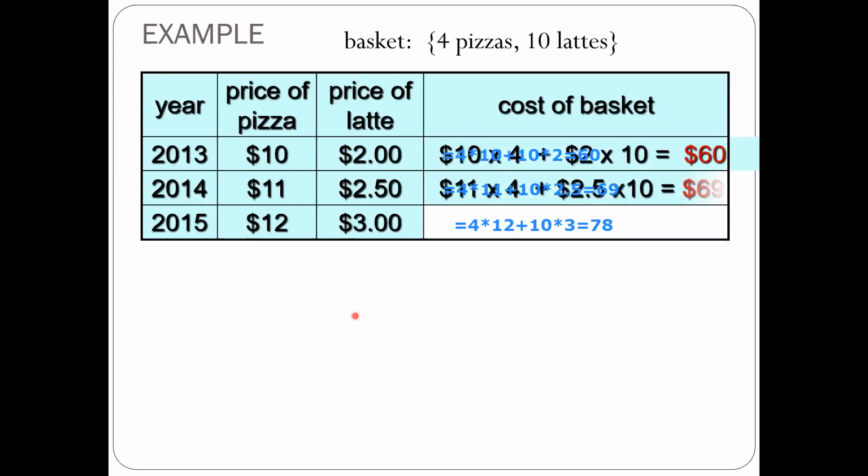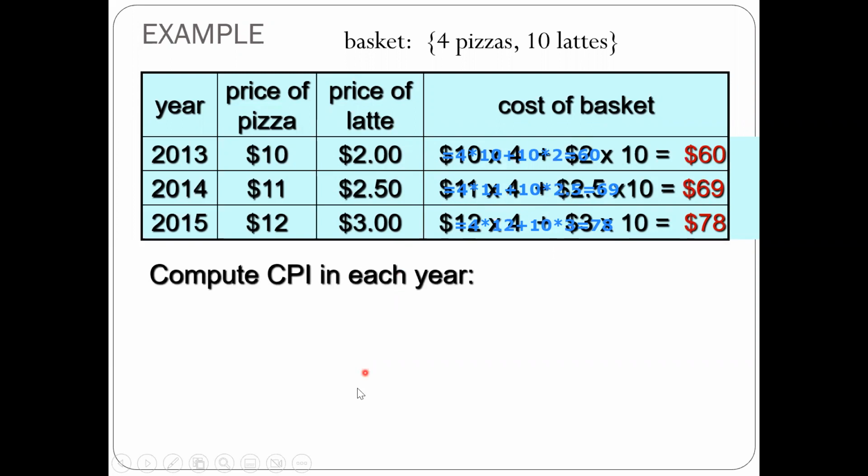So first year is 60, second year is 69, and third year is 75. لاحظ التغير الحاصل في ال cost of the basket from one year to other year. من سنة للتانية في تغيرات بتحصل في الباسكت، والتغيرات دي ناتجة عن تغيرات في الأسعار.